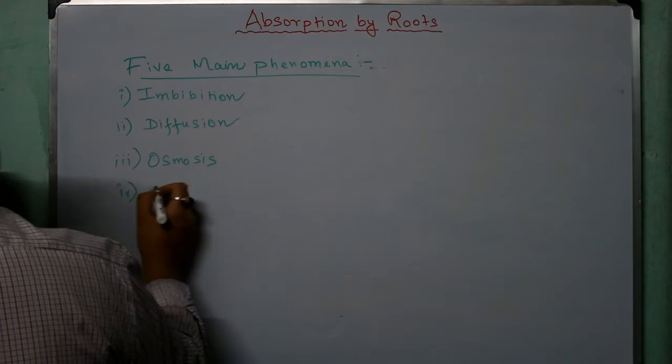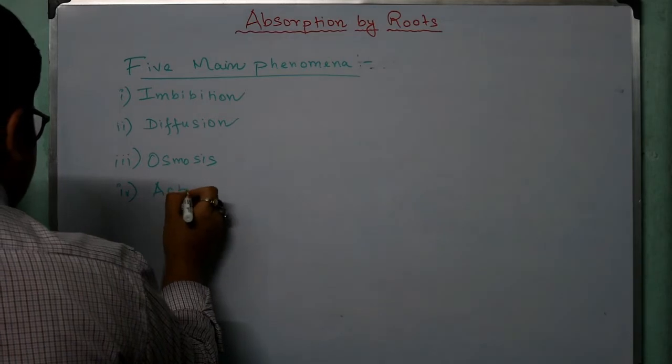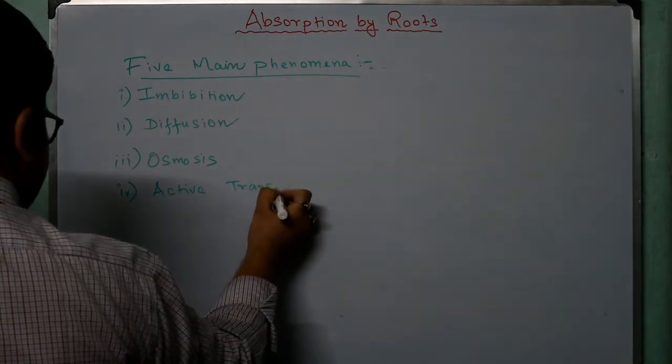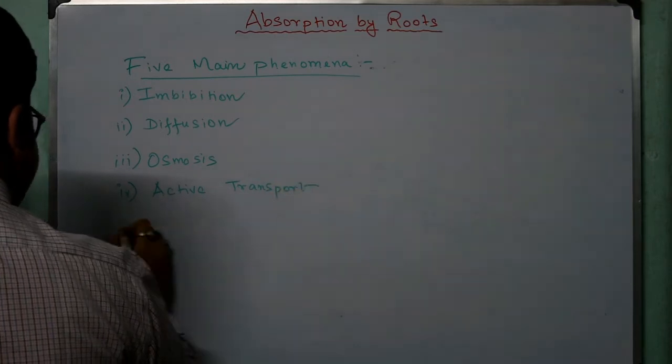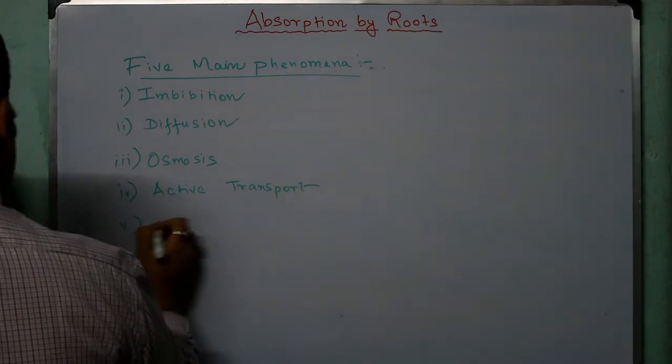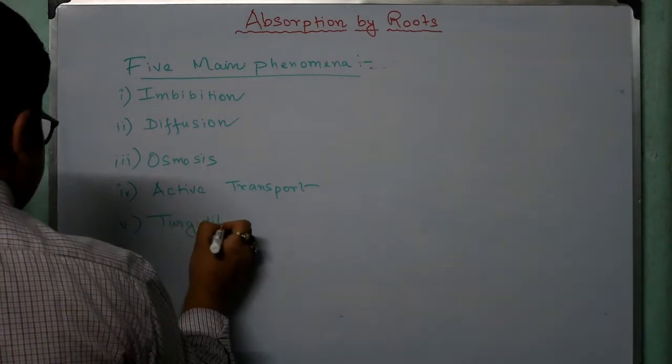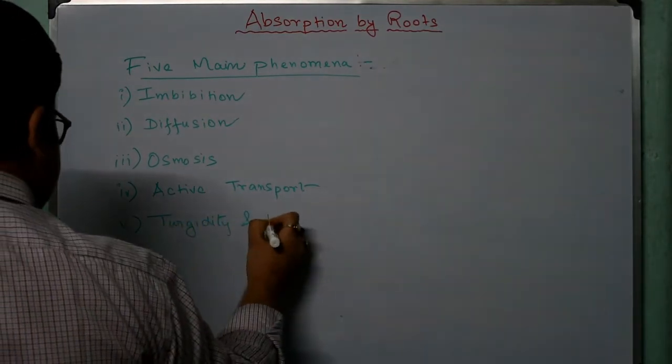The fourth one is active transport, and the fifth one is turgidity and flaccidity.